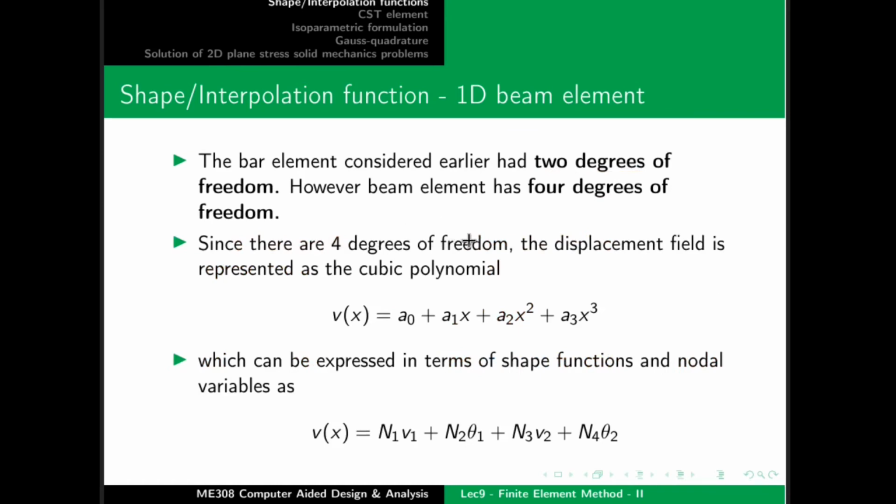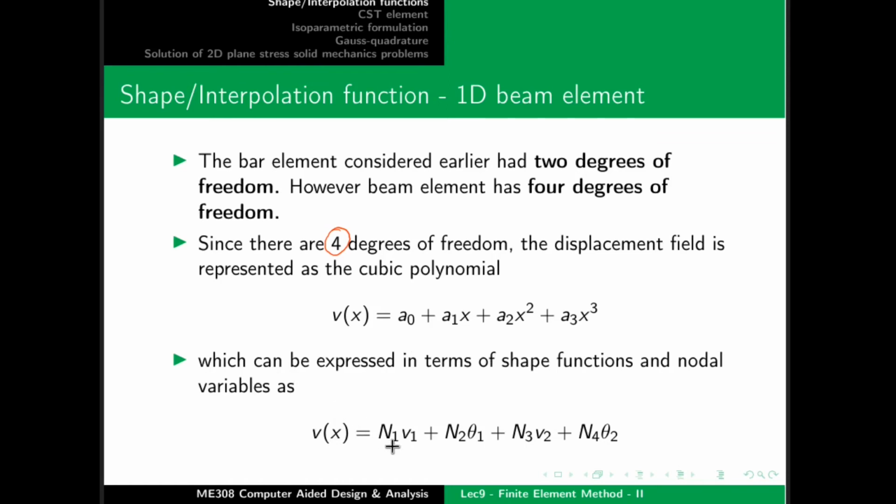Since there are 4 degrees of freedom, the displacement field is represented as a cubic polynomial. The degree of the polynomial will be 1 less than the total number of degrees of freedom. So our displacement function can be expressed in terms of shape functions and nodal variables.